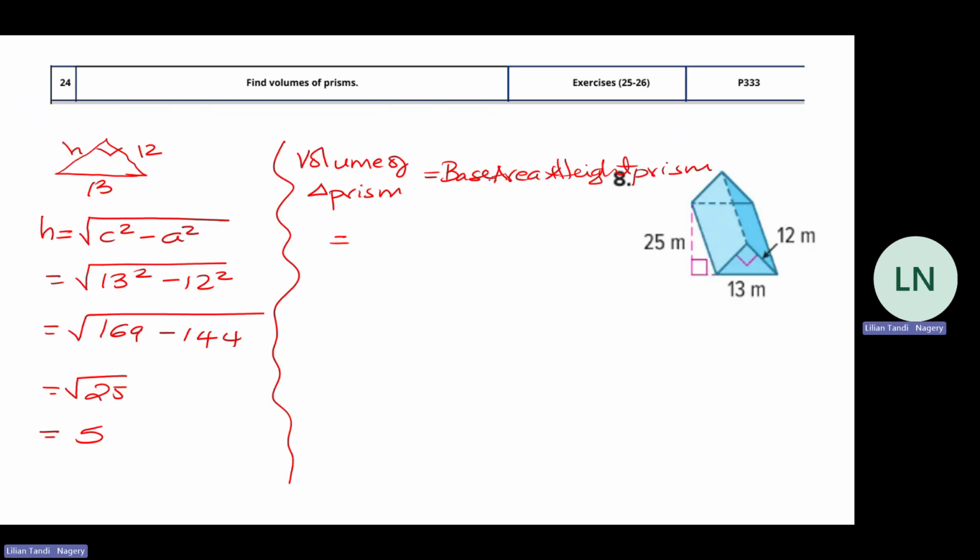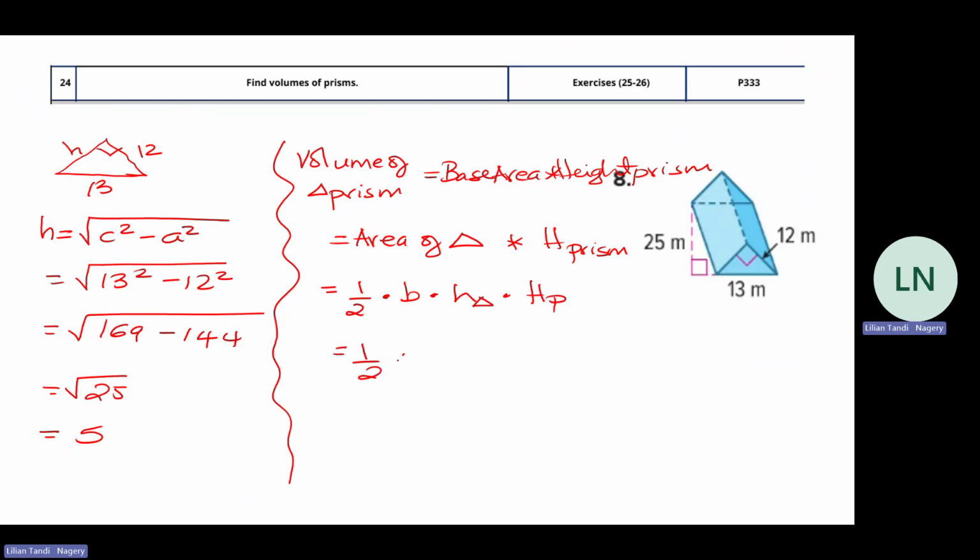Okay, my base area is area of triangle times the height of the prism. Area of triangle is given by a half times base times height of the triangle, times height of the prism.